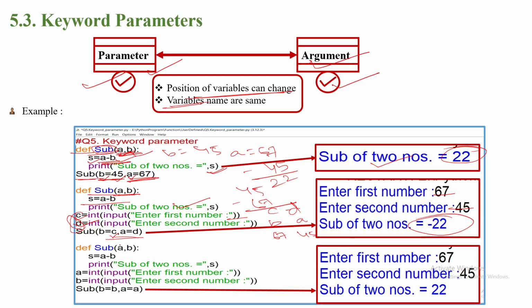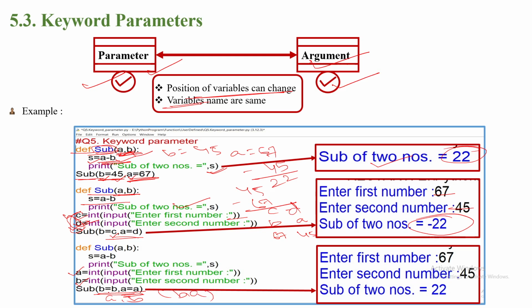Okay, now come to the third one. Here I have taken two different variables for the input command, and now I am taking the same variables for the input command, and I also have to write in the argument place b equal to b, a equal to a. If you do not write that, and you write b comma a, then what happens?